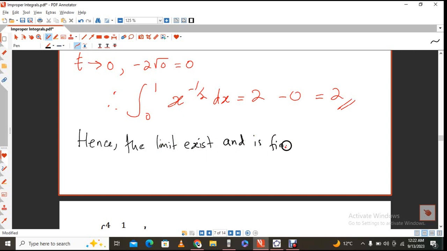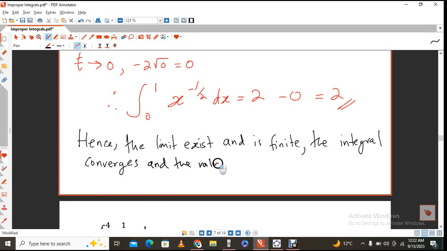That means it's some value that you can get. The integral converges, and the value of the integral is 2. You don't have to write exactly what I write, as long as you deduce anything that answers the question.